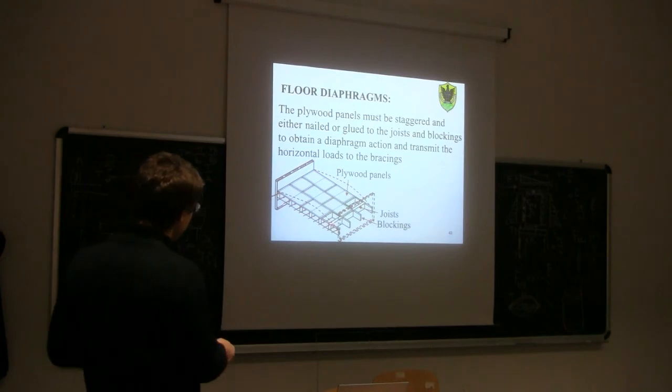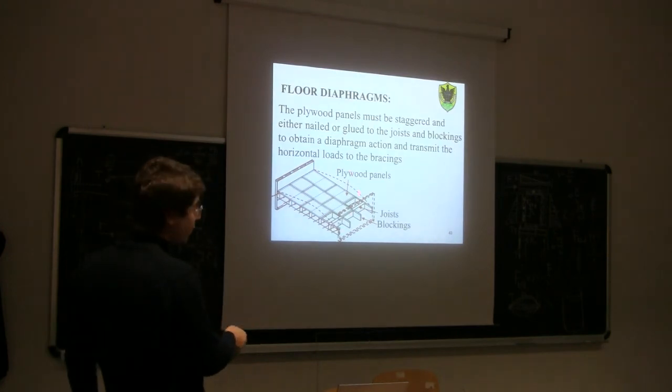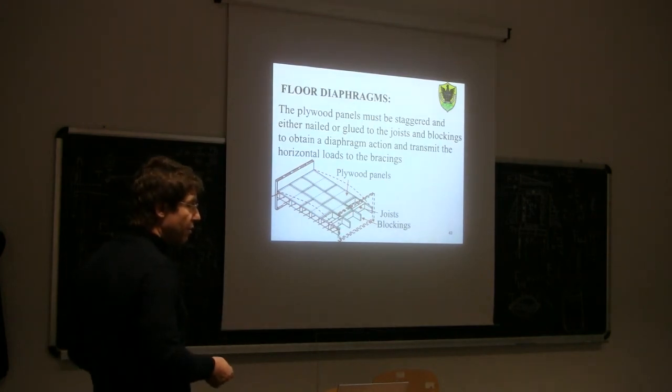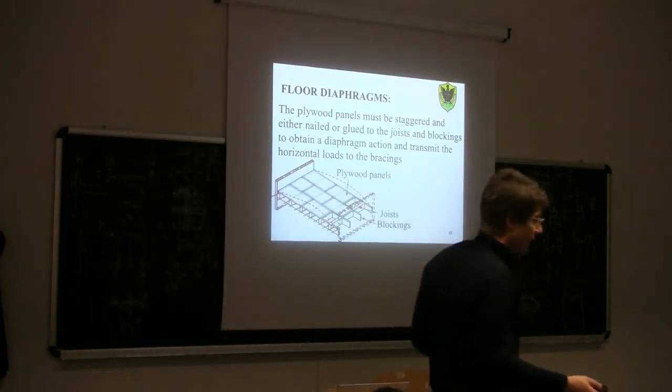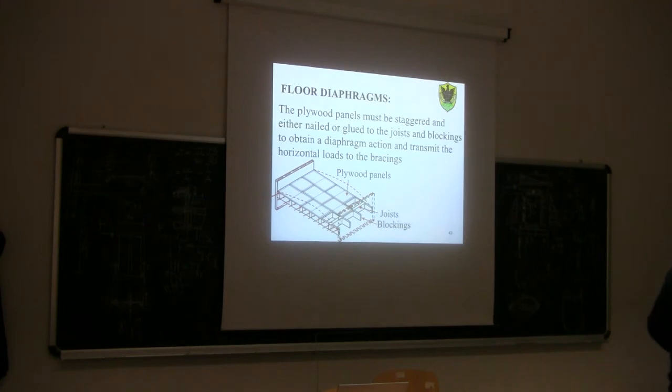But of course, you see a floor like this, it's not a monolithic one. It's not what we studied in reinforced concrete design, where we have a monolithic construction. By the way of construction, the floor itself was able to transfer the horizontal load directly to the bracing system. Here instead, it's this kind of discontinuous structure. So we have joists, we have blockings, we have the sheathing, and we have the nails.